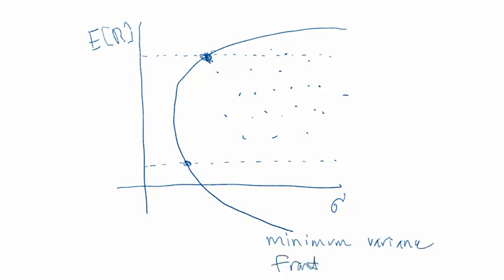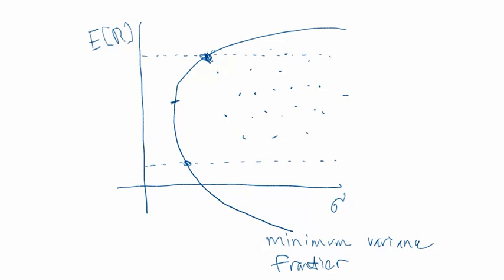It's like, what's a frontier? A frontier is the furthest you could go, like the western frontier, or space, the final frontier. Well, here, notice there's nothing beyond the minimum variance frontier. All the portfolios are within the frontier.